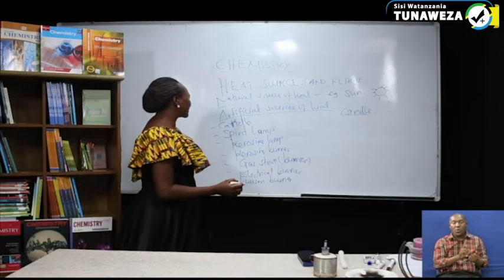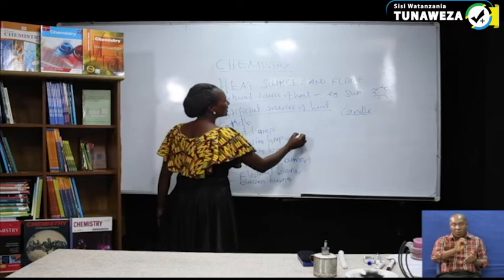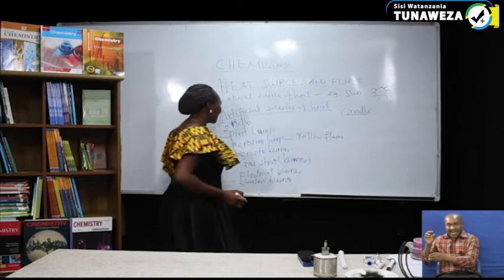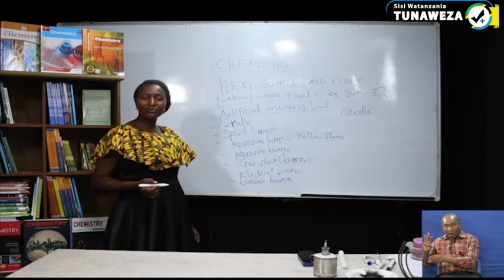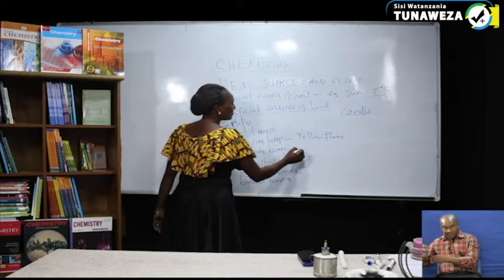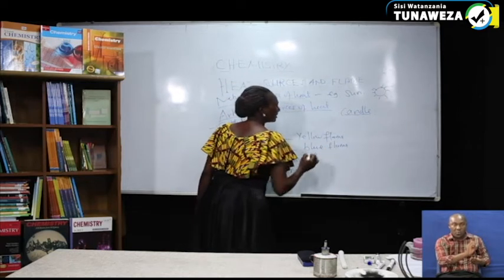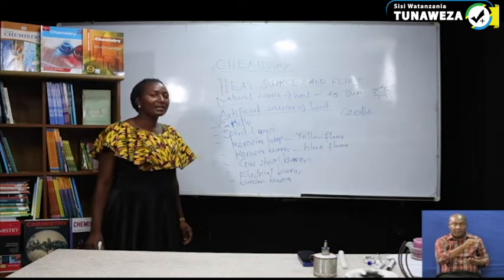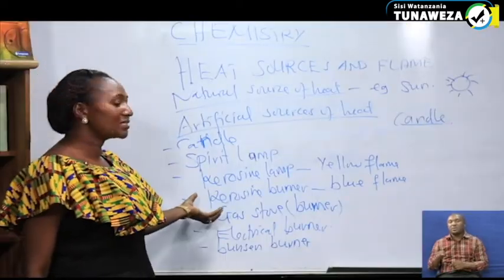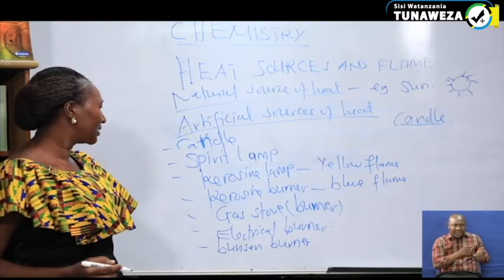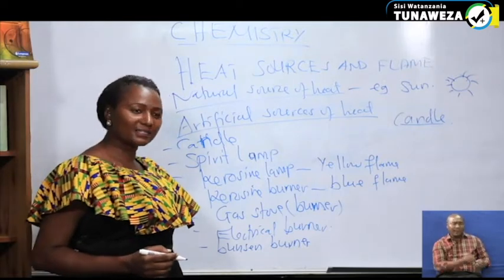I told you that the kerosene lamp produces a yellow flame, as you have seen. But the kerosene burner produces a blue flame. That is the difference. Also, the kerosene burner produces very high heat.